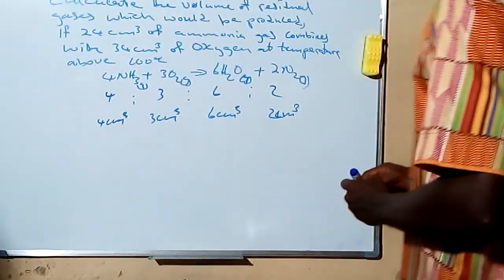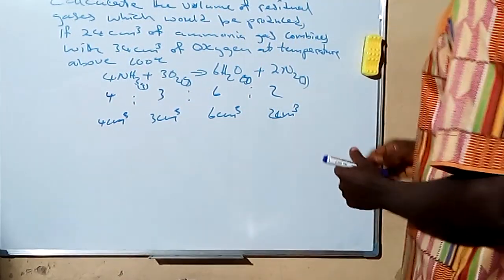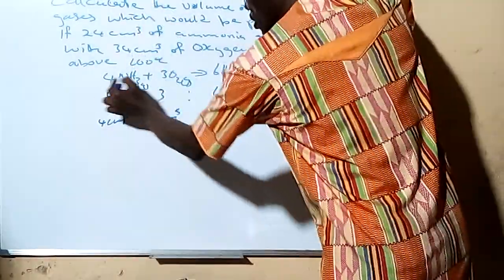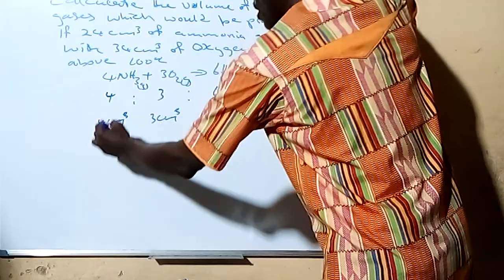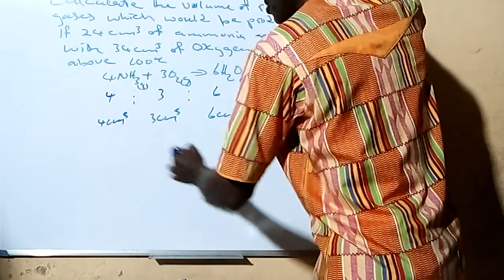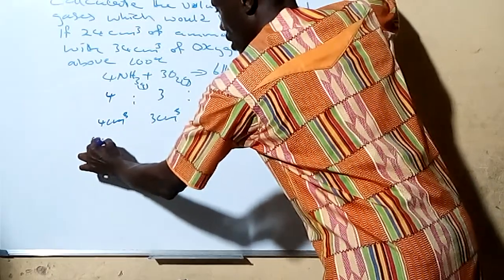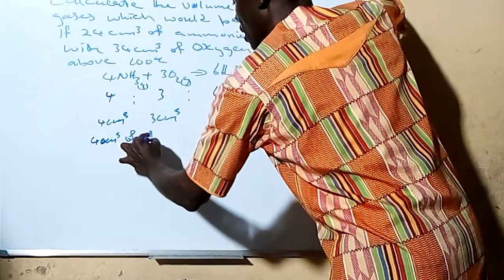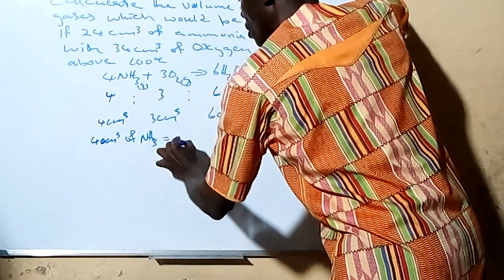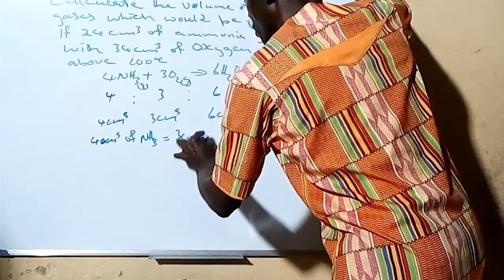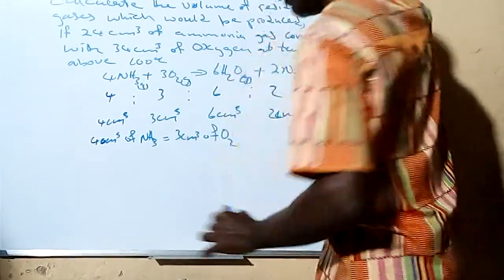So let's go ahead and see what we're going to do here. Looking at oxygen and ammonia, it means that 4 cm3 of ammonia will combine with 3 cm3 of oxygen.